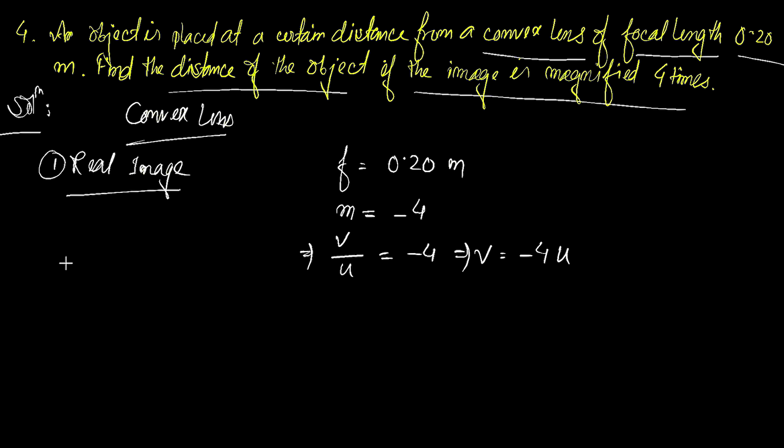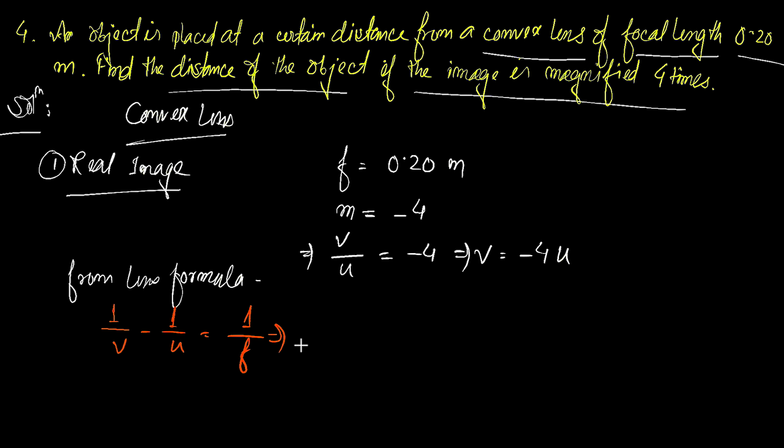Now we will use the lens formula. From the lens formula, what you can write? We will write down 1 by v minus 1 by u equal to 1 by f. Simple one. Now just put down the values.